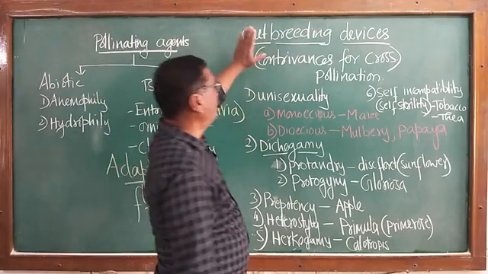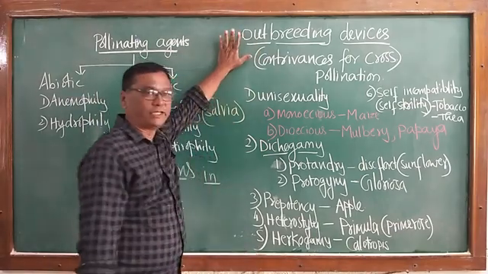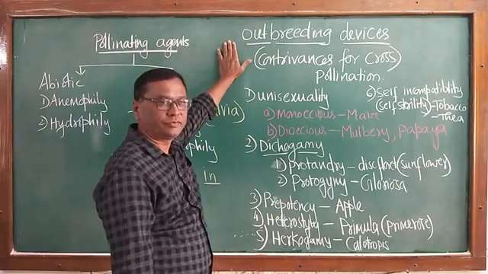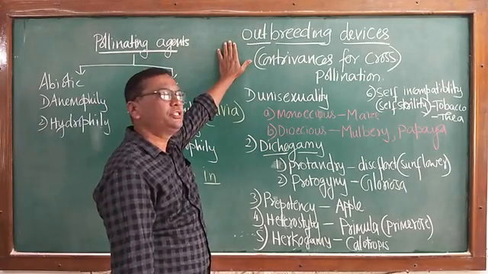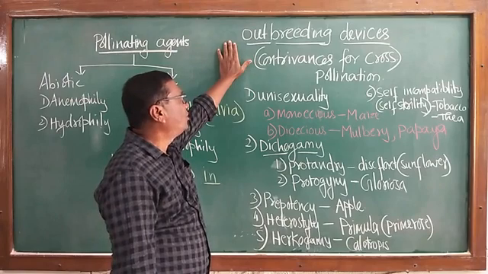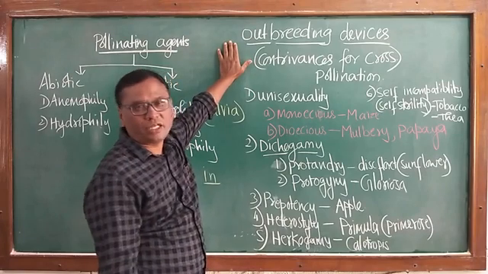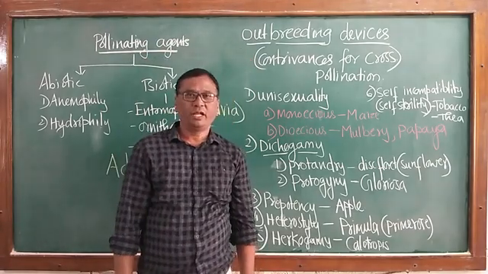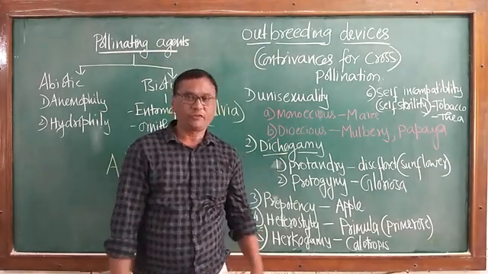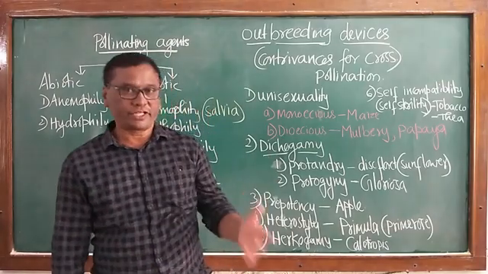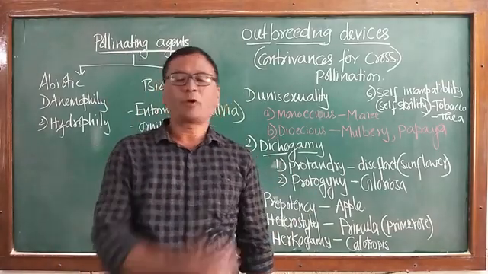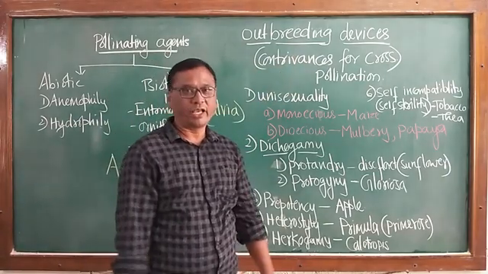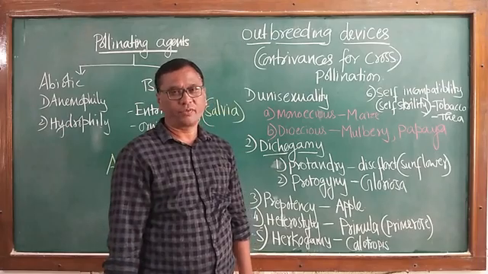Today let us study outbreeding devices. What is breeding? In general, breeding is the successful process of pollination and further the process of fertilization, formation of seed, fruit, etc. The process of sexual reproduction is to be studied as the breeding process.